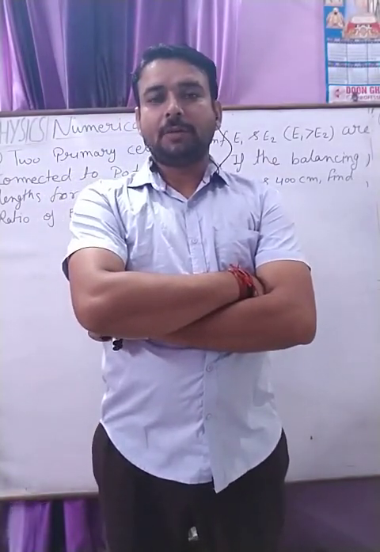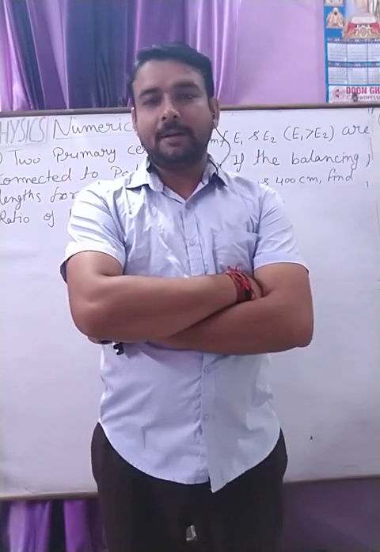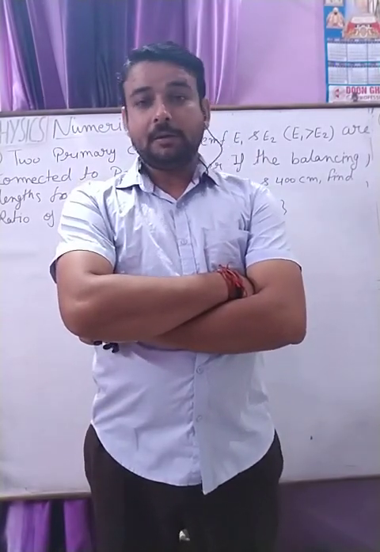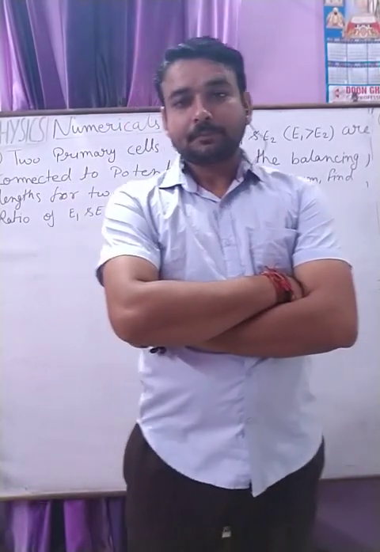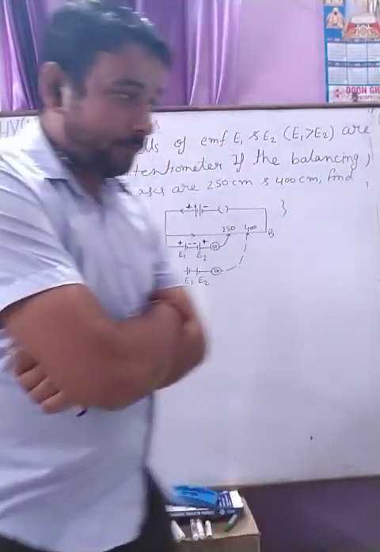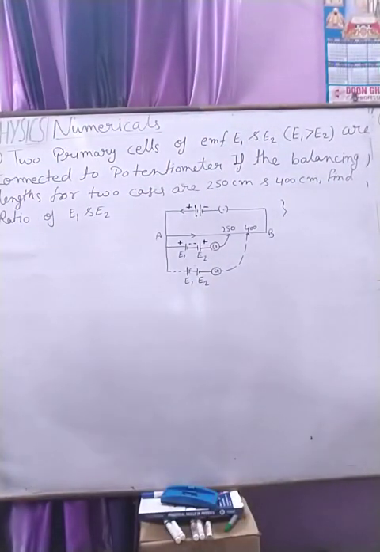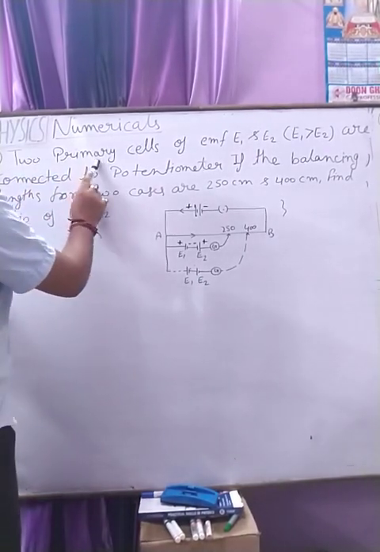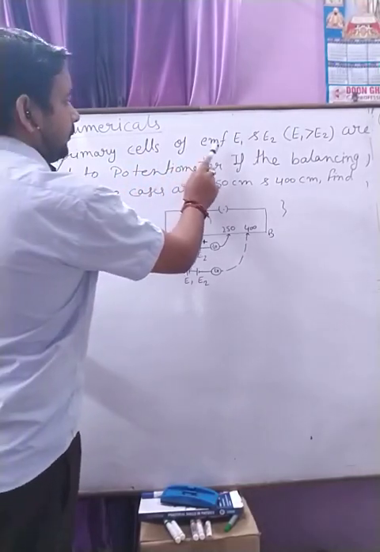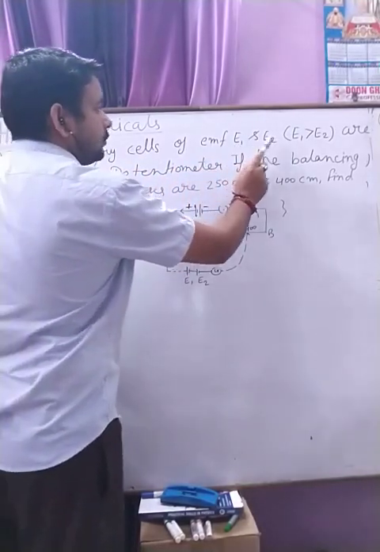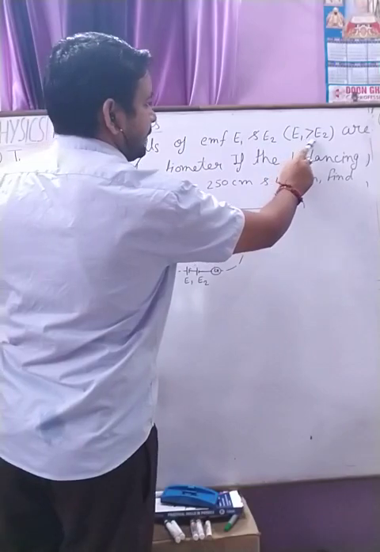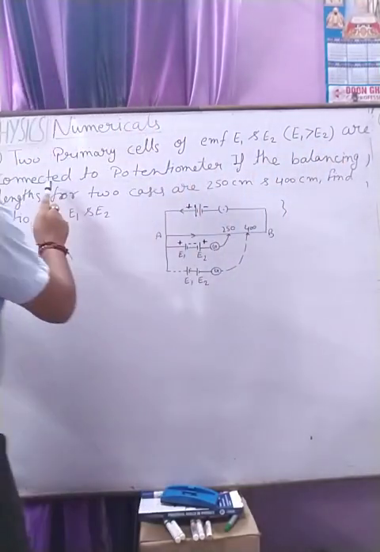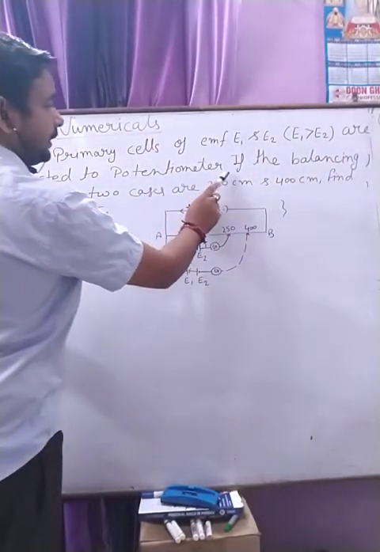Today we discuss some numericals based on potentiometer and Kirchhoff's law. Okay, first we have a numerical related to the potentiometer. Two primary cells of EMF E1 and E2, such that E1 is greater than E2, are connected to a potentiometer.